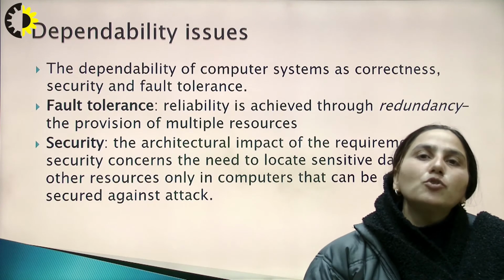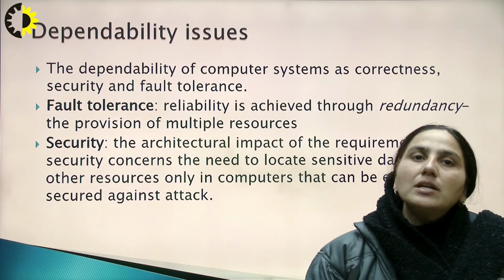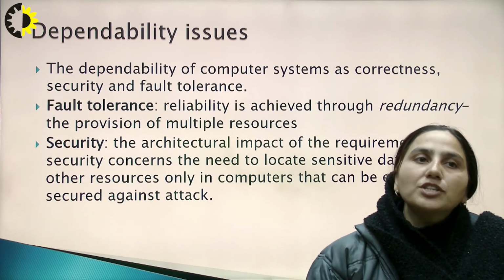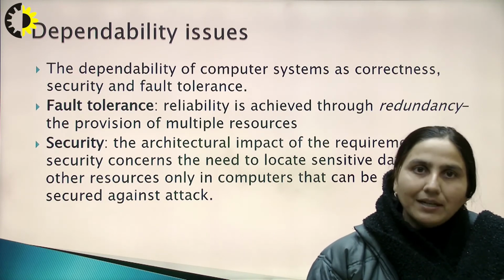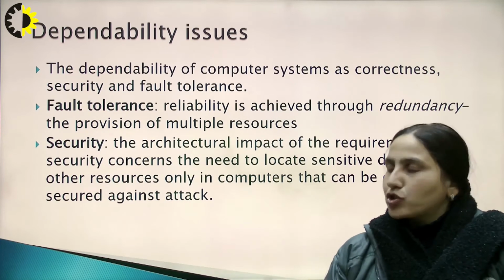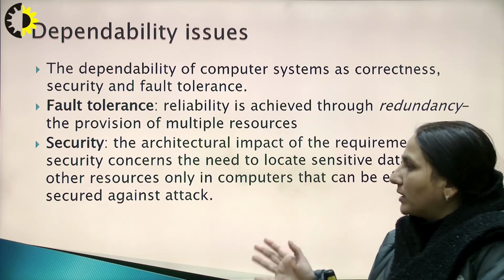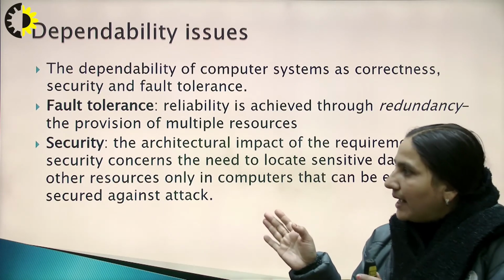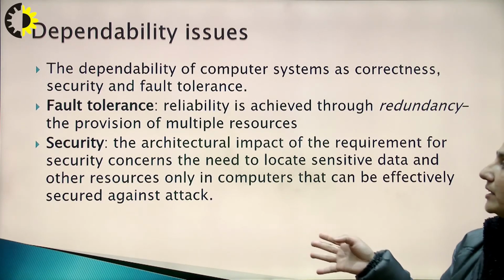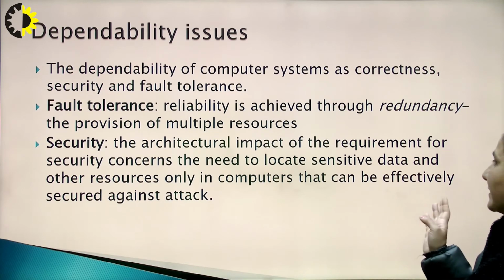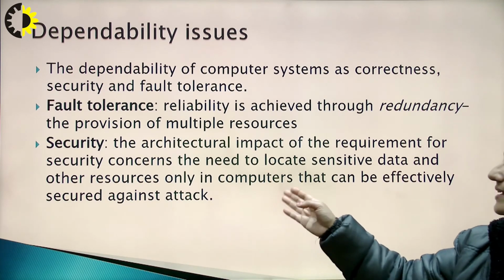Security is again one of the most important features. The architectural impact of the security requirements concerns the need to locate sensitive data, the important data that we want to secure, and the other resources, only on computers that can be effectively secured against different attacks.